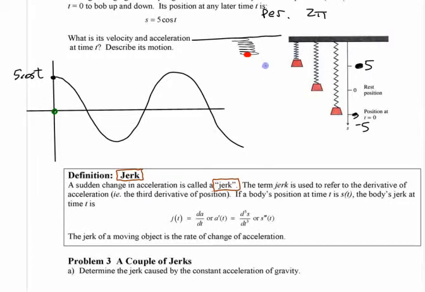And then as it's falling down, what's its velocity? It starts falling slowly. It's going fastest through the middle, and then it stops again, right? It's got a negative velocity the whole time, but it comes back up to 0. Once it's at the bottom, it's back to 0.